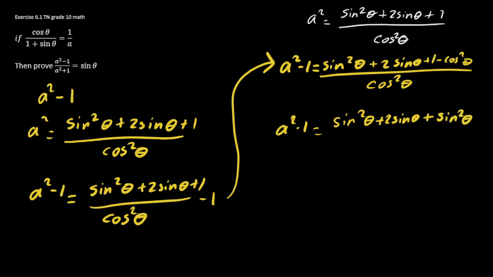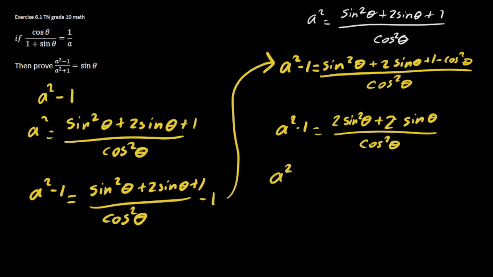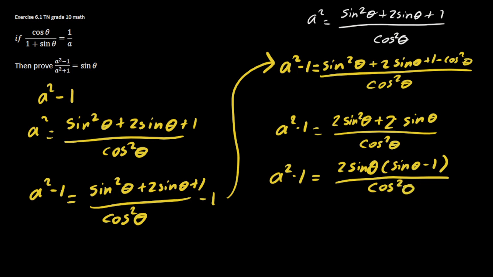And we can simplify that into 2 sine squared theta plus 2 sine theta all over cos squared theta. And we can further simplify this into a squared minus 1 equals 2 sine theta times sine theta plus 1 all over cos squared theta.